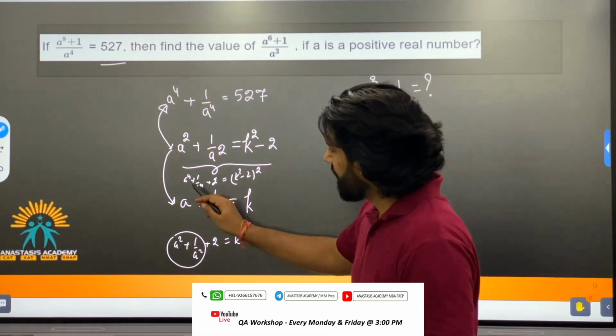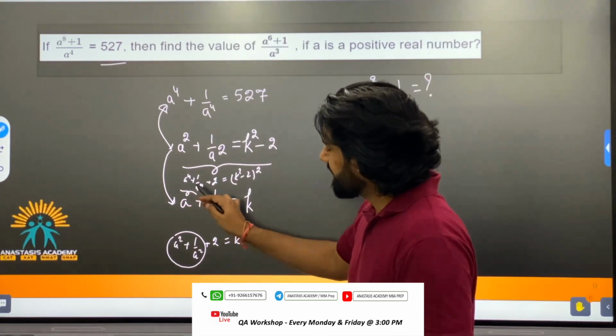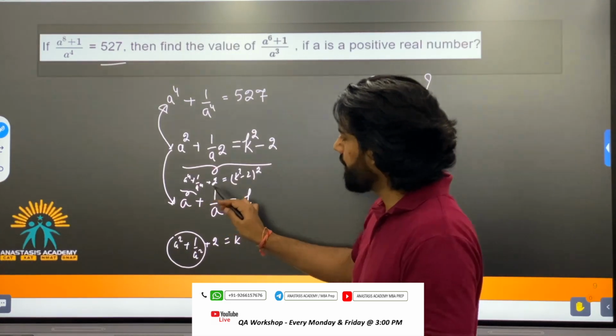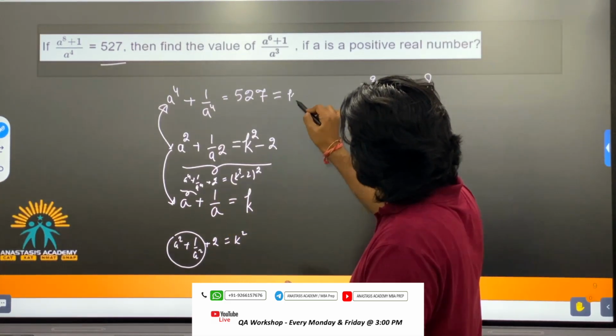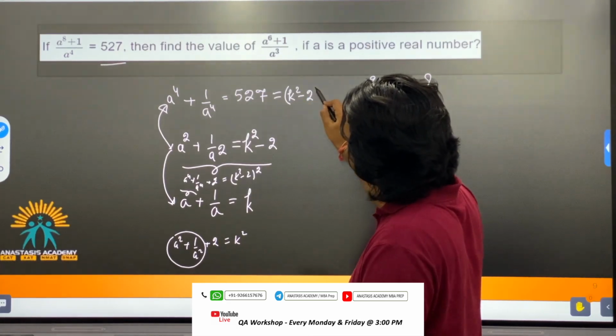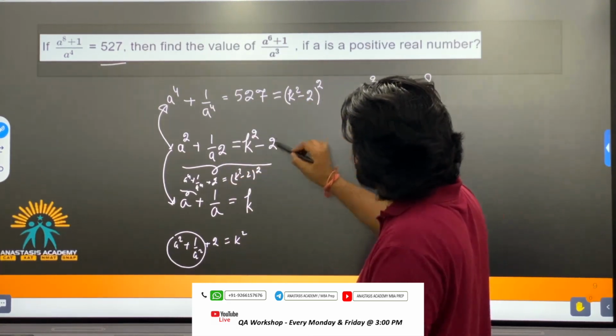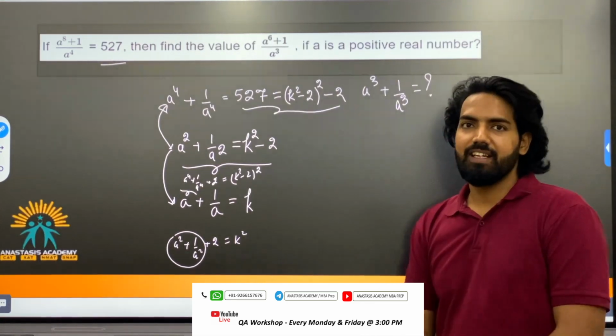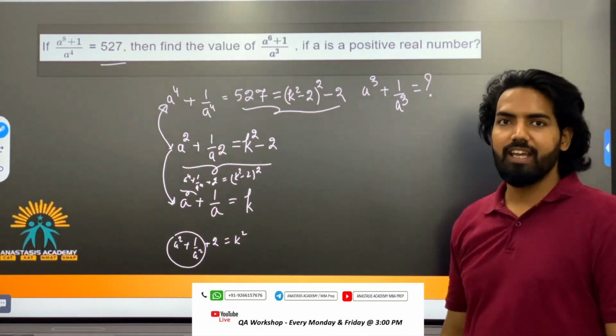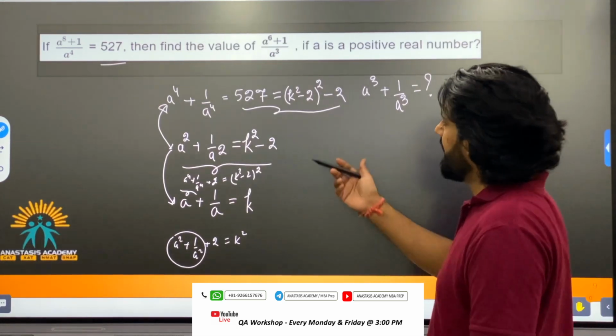So the value of this term, a raised to the power 4 plus 1 upon a raised to the power 4, becomes k square minus 2 whole square minus 2, and it is given as 527. So from here I can get the value of k very easily.